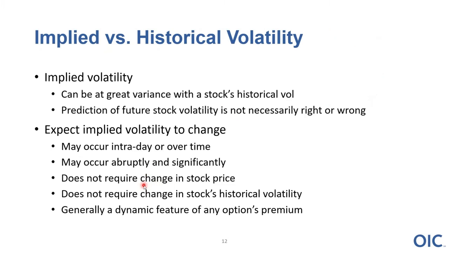And they do not require changes in the stock price or a fundamental change in where the stock price has been moving or what we've observed. All it takes is a change in the dynamics between buyers and sellers or the supply versus demand of particular options. That is going to be the driving force that will change implied volatility.